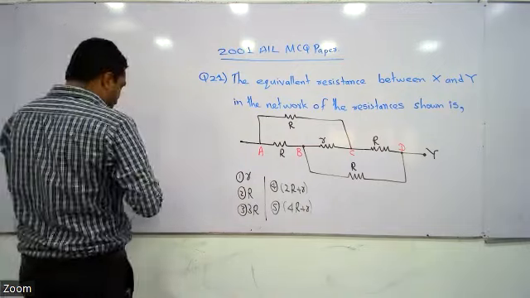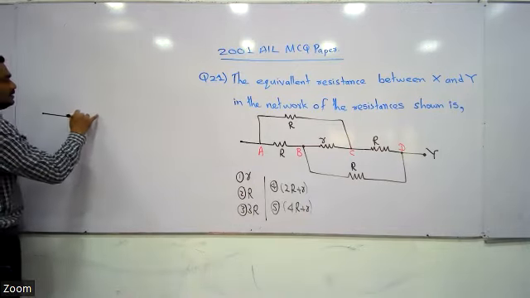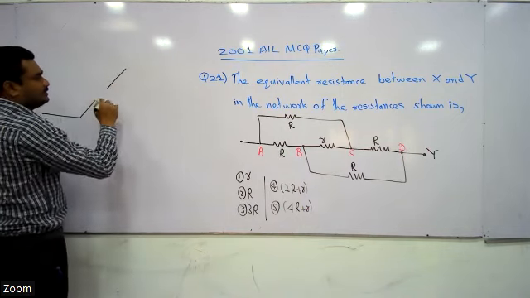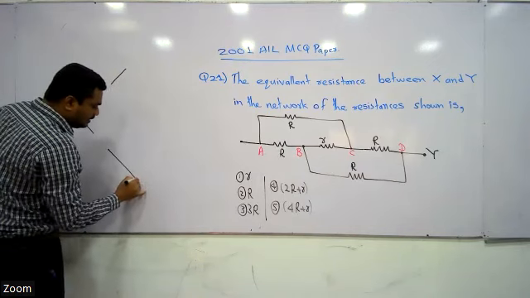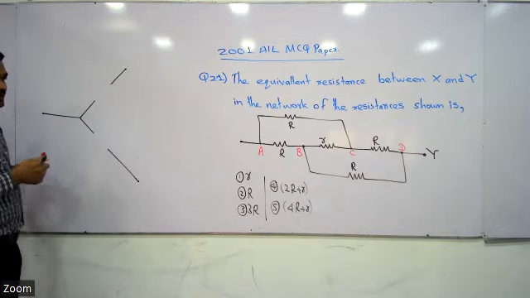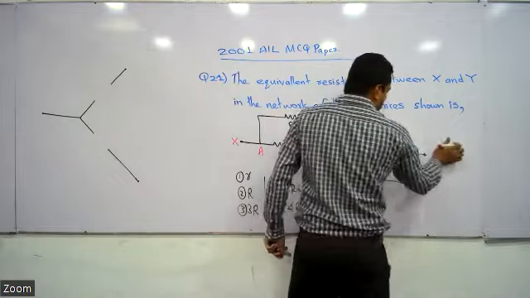So if I draw the circuit like this, look at board. I'm going to mark some points. So actually, this is the point X. This is the point Y.